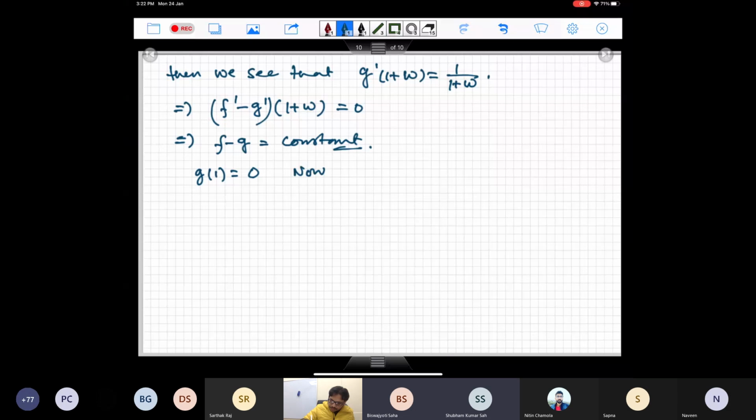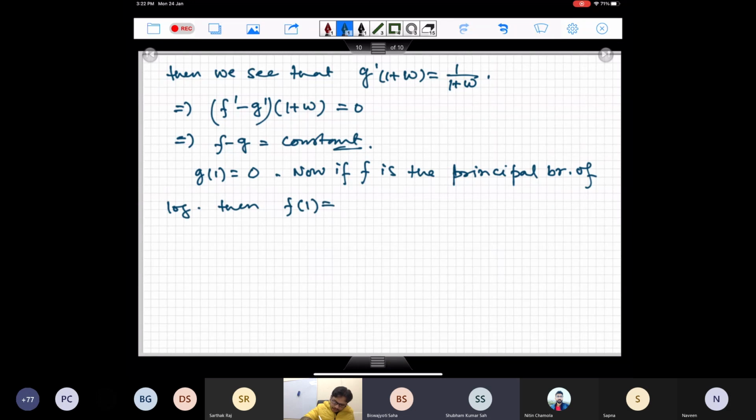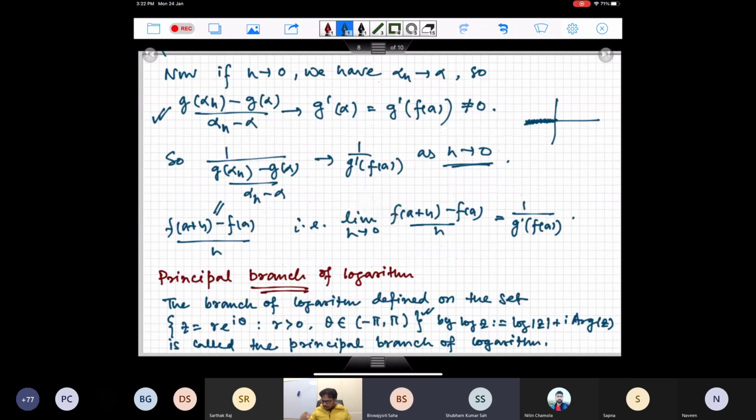Now if f is the principal branch of logarithm, I started there with any branch of logarithm, then what is f of 1? Look at the principal branch of logarithm and tell me what is f of 1.